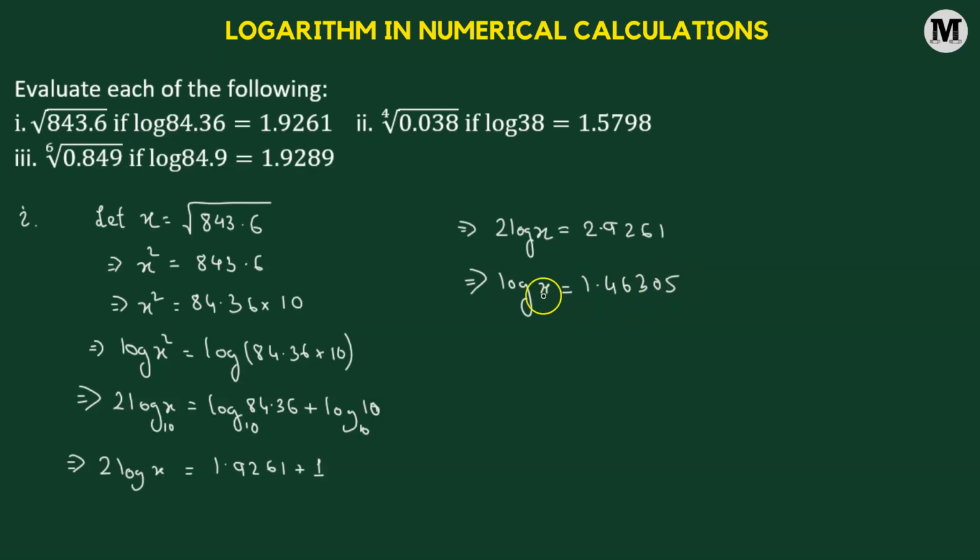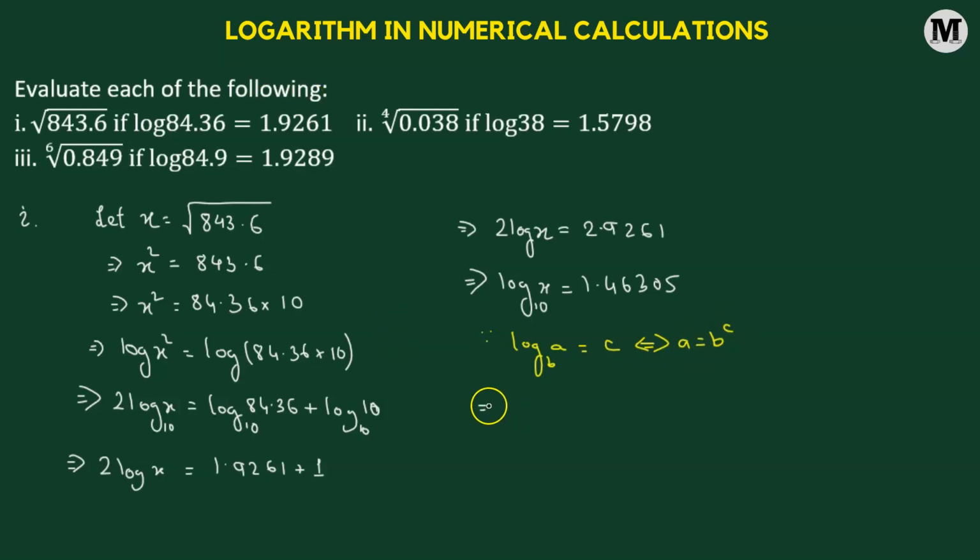1.46305. Now we have to obtain the value of x, because x is the square root of 843.6. Since the base is 10, we can use the definition. That means if log of a to the base b equals c, this simply means that a equals b raised to the power of c.